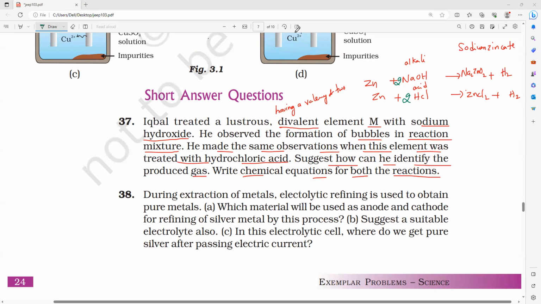Even half of your team, many of them don't even know the meaning of divalent. Still, they don't know the meaning of it. That's what I'm saying. The answer we know. If they ask a direct question, zinc reacting with HCl, everybody will write. Zinc reacting with sodium hydroxide, everybody will write. But the way of asking the question is different. It is what is CBQ, nothing else.